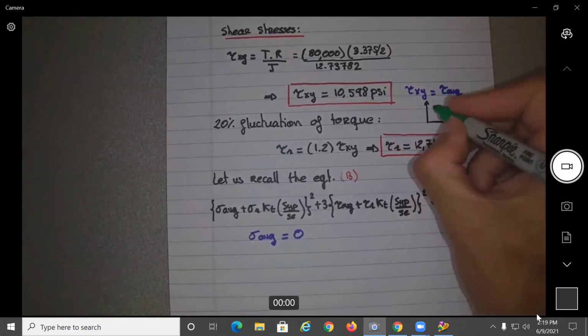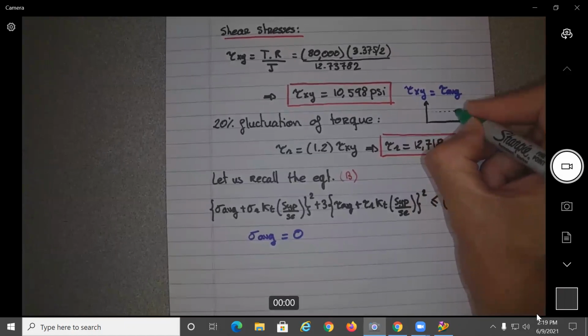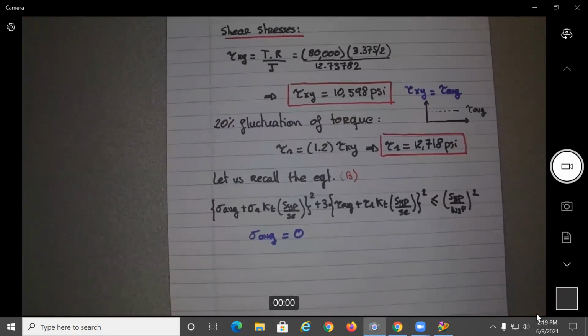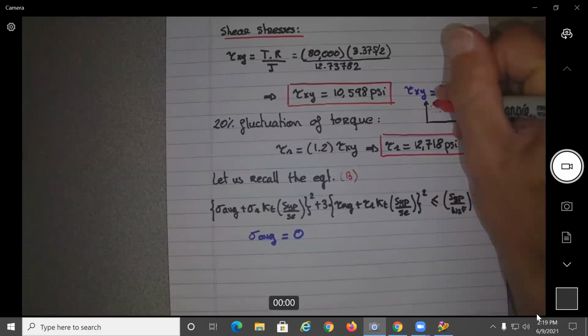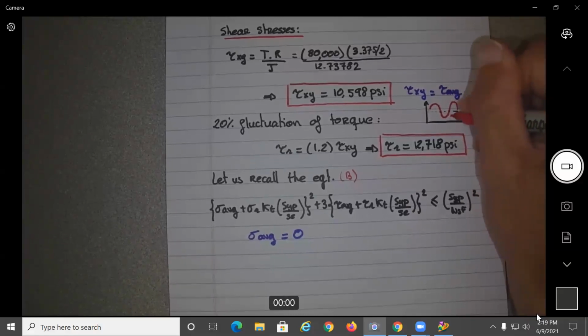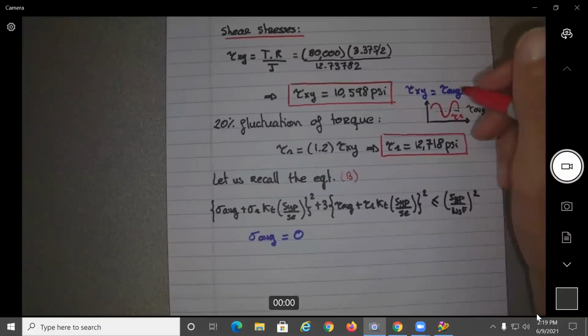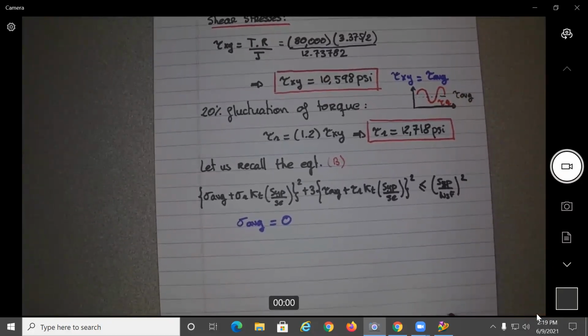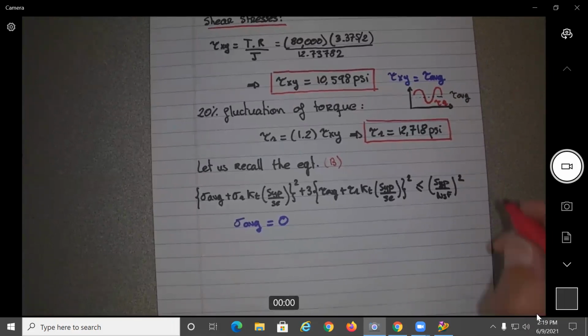Here you have the average stress, and then you have the fluctuating stress, would be the tau sub R, which is 20% higher. Okay.